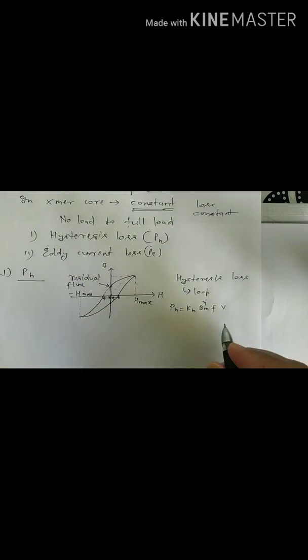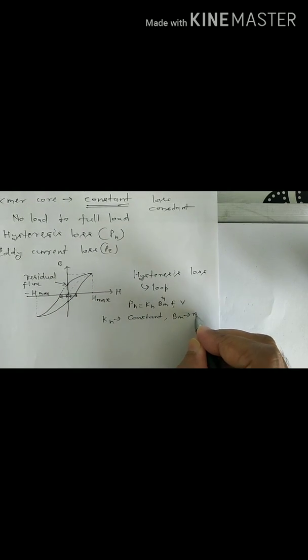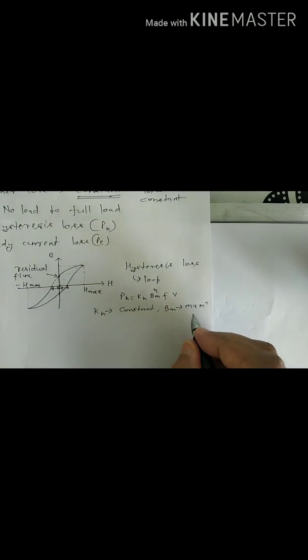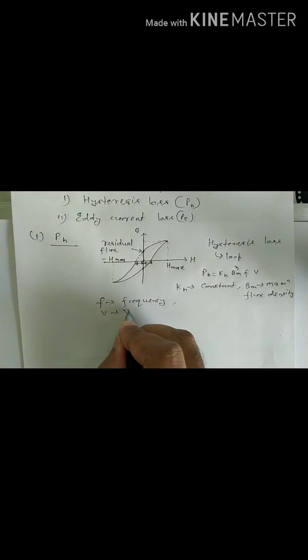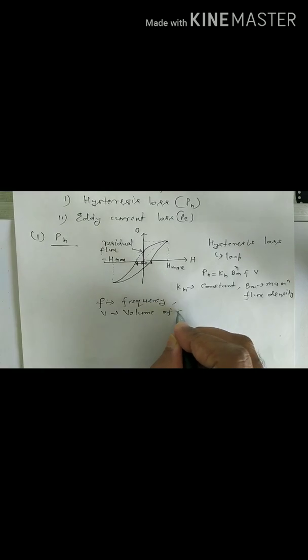Area of this loop is going to decide the loss. This loss is given by Ph equal to Kh Bm power eta f into v, where Kh is constant of proportionality, Bm is maximum flux density, f is frequency of flux reversal, and v is volume of core, not voltage.